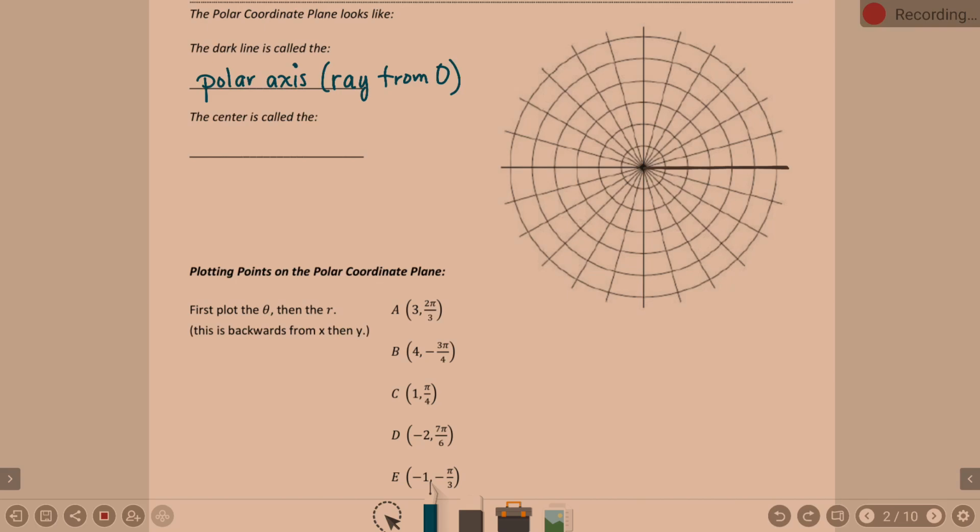So your ray from that center point, which I'm going to call the O there. What's the center called? The pole. Vocabulary mentioned up top, but just trying to make sure we have it. And that is that center point.